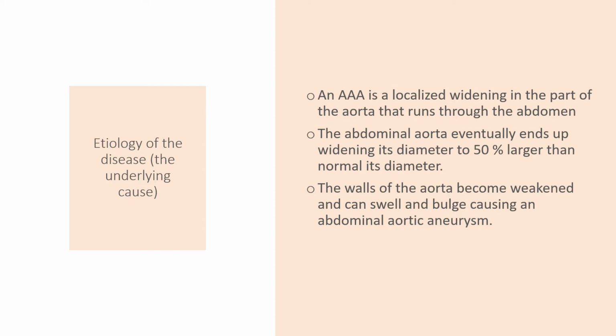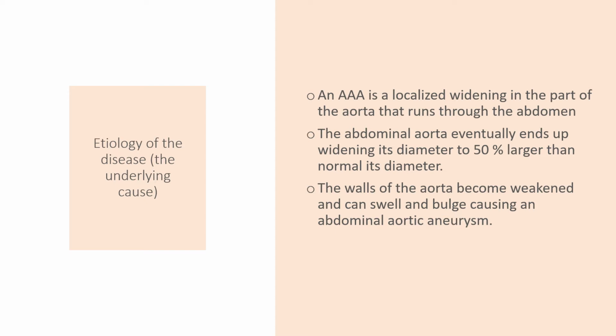The abdominal aorta eventually widens its diameter to 50% larger than its normal diameter. The walls of the aorta become weakened and can swell and bulge, causing an abdominal aortic aneurysm. An abdominal aortic aneurysm is an enlarged area in the lower part of the major vessel that supplies blood to the body. The aorta runs from the heart to the center of the chest and abdomen.